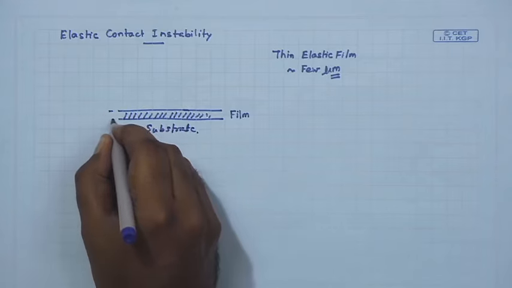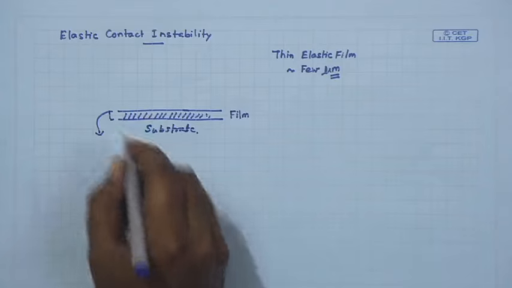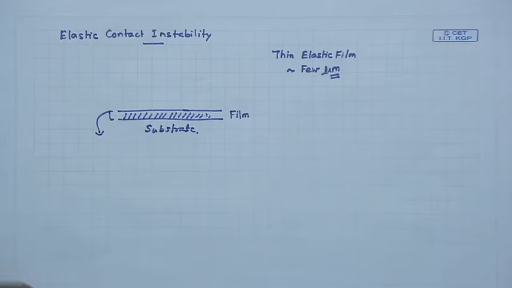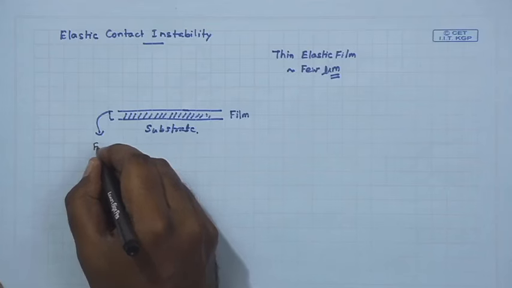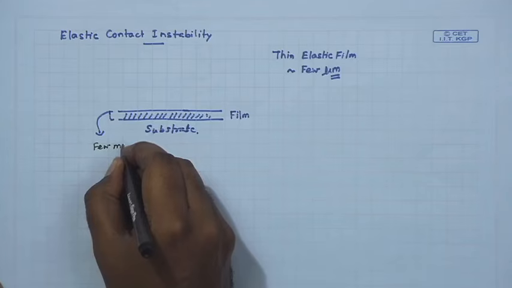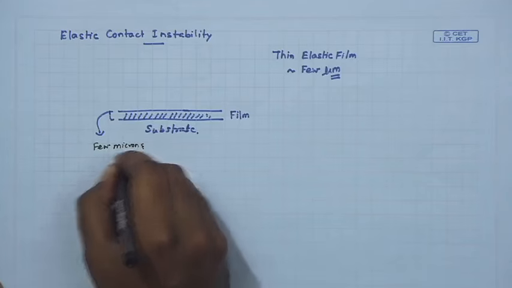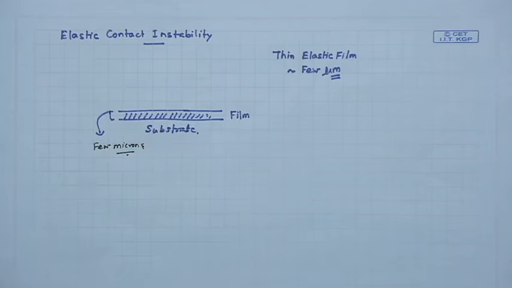This film now, if you compare with what you have already learned in case of dewetting, there is zero disjoining pressure, or the effective interface potential within the film is 0, simply because of the fact that the film is too thick. As I mentioned, the film thickness is of the order of a few microns, and therefore that is not the concern.